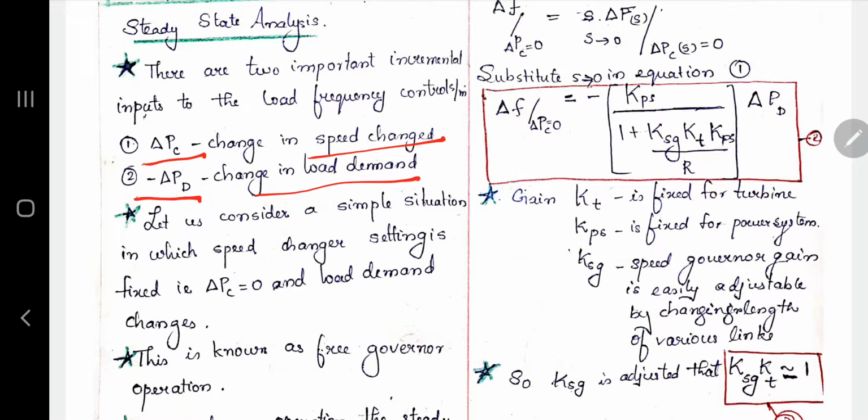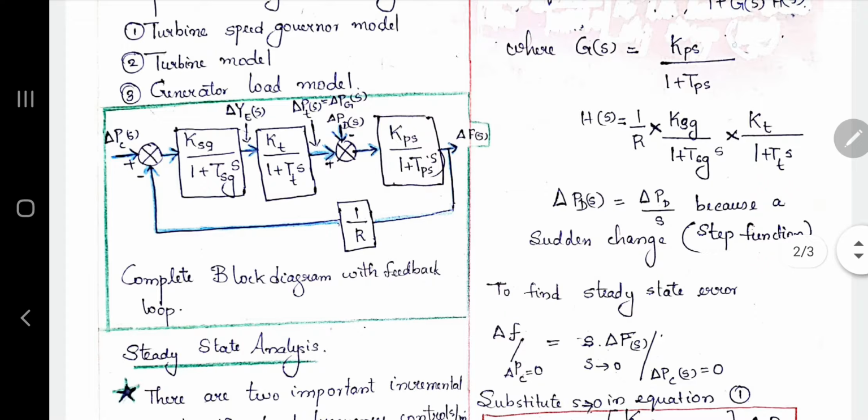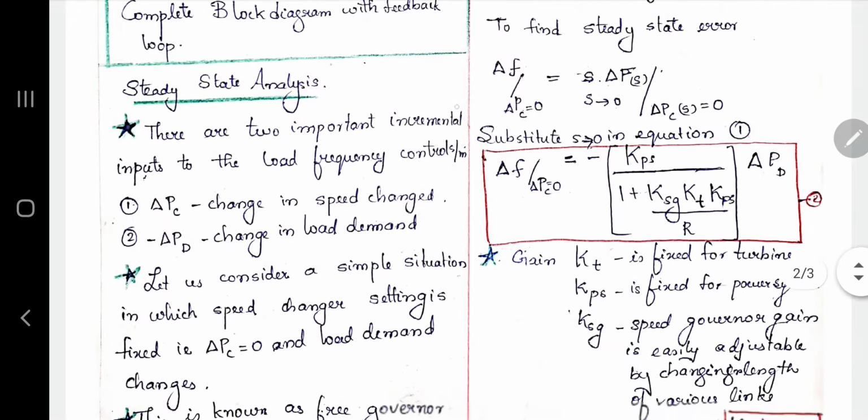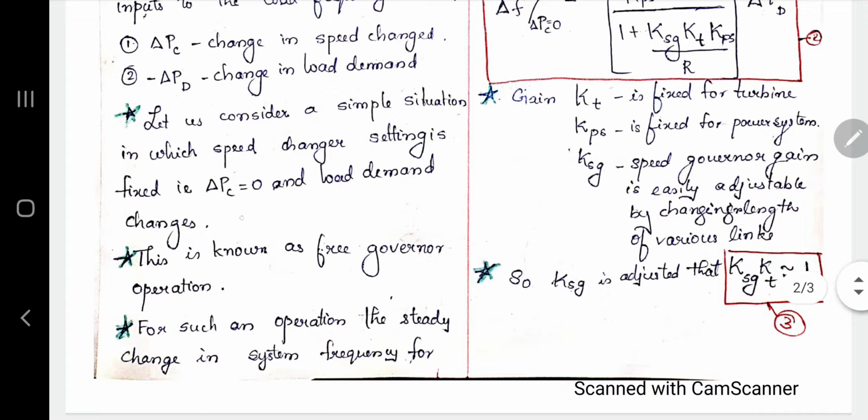Why is it mentioned as minus delta PD? You can see in this block diagram that PD of s is actually a negative input, and here the input delta PC of s is added to the system. So we are going into the first case: first we consider delta PC of s equal to 0, and only the change in load demand is considered.